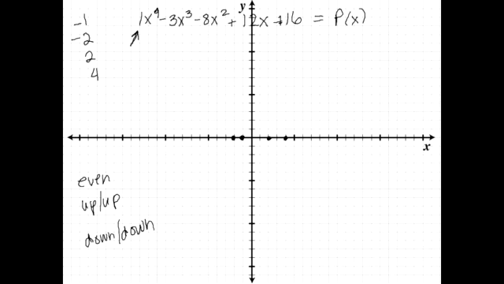Because my leading coefficient was positive, the leading coefficient was 1, I'm dealing with this scenario. This scenario would be a negative leading coefficient. So I know that this is going to be a W-shaped curve.